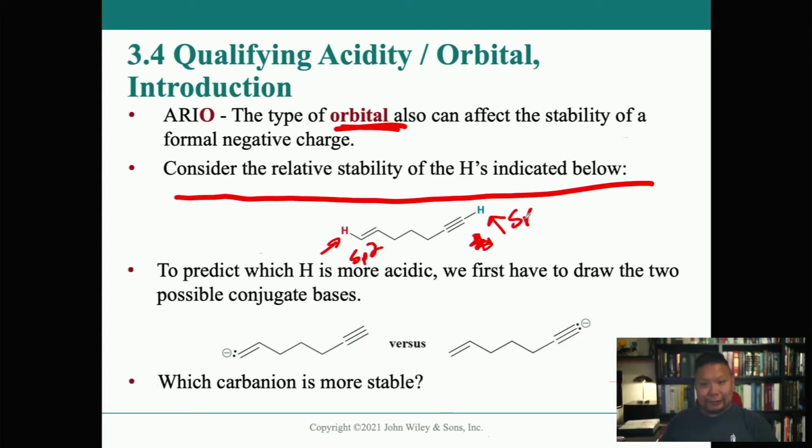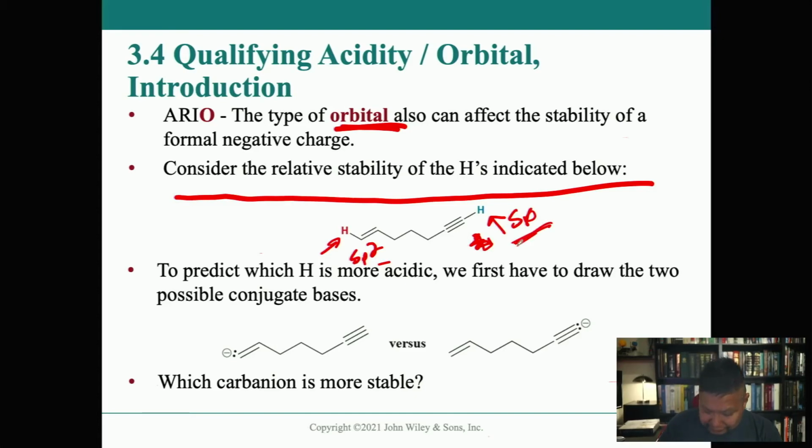And you recall from the last lecture, or maybe the one before that, where we learned that sp orbitals are shorter than sp2 orbitals, which are shorter than sp3 orbitals. So the one that holds the proton the closest to the nucleus is what? The sp orbitals.